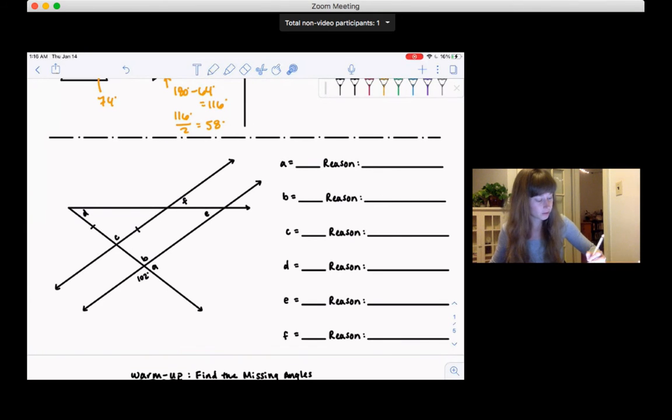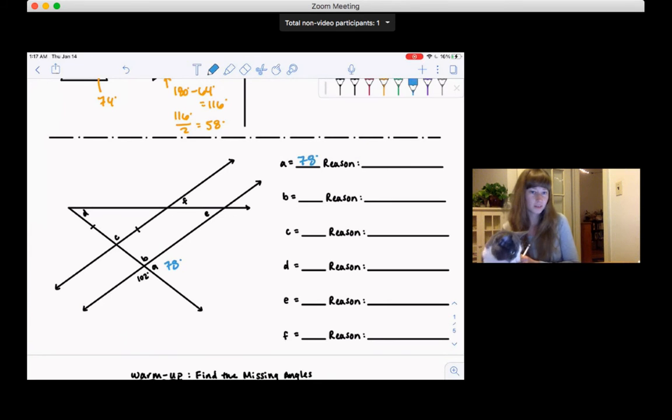Okay, first angle, angle A, that's right next to the 102, making a linear pair, right? So to find angle A, I would do 180 minus 102, right? And we should get 78.